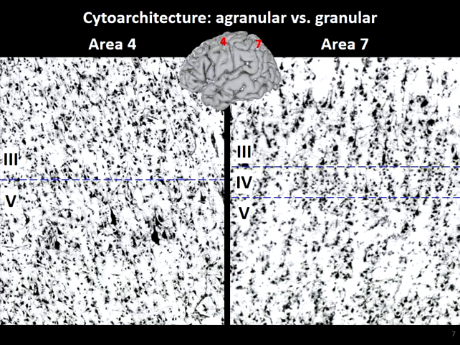And on the right side of the image, just as a contrast, there's a picture obtained from Brodmann Area 7, which is a multimodal association area from the parietal lobe, and it has a clearly identifiable layer 4.